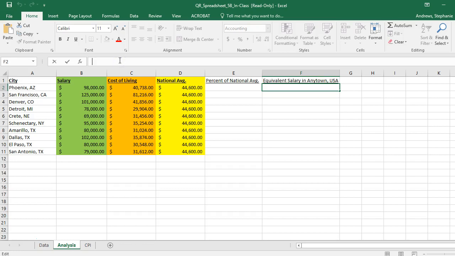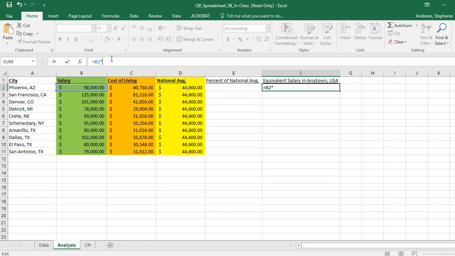I'm going to start with the one that we already know an answer for, which is the Phoenix value at $107,290. And what we did is, and you have to start with equals, we took the salary in Phoenix, which is located in cell B2. We took that and then we multiplied.